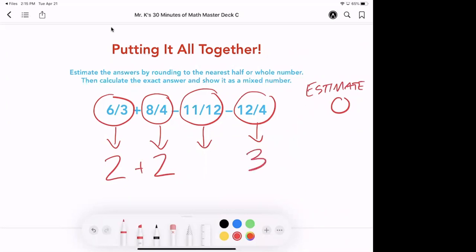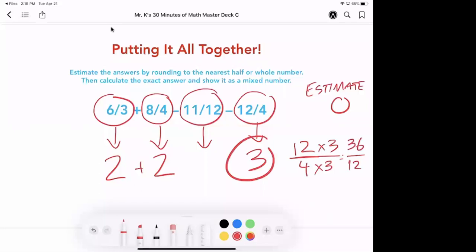The question is, what do we do with the minus 11/12? Well, here's what I'm going to do. I'm going to actually turn this 3 into 12ths. So here's what we do. We take our 12/4 and we're going to decompose it into 12ths by multiplying by 3, which gives me 36/12.